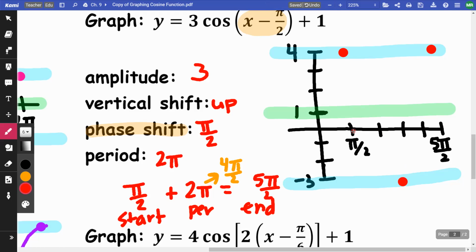And then halfway between these, I'm at my 0. And then halfway between these, also at my 0. And I've graphed that. And there's my cosine.